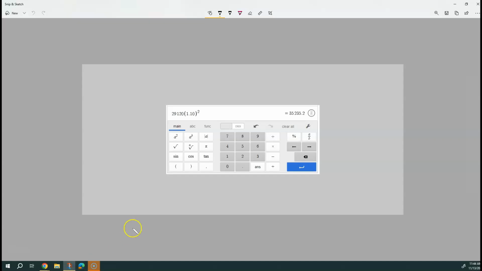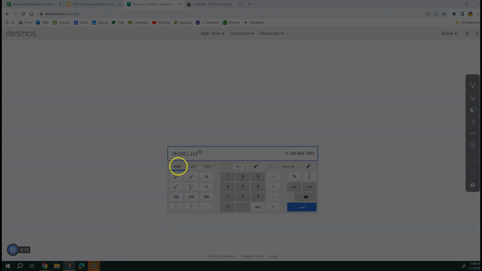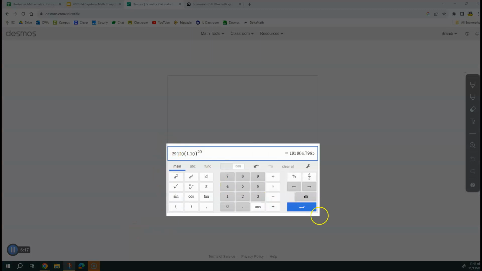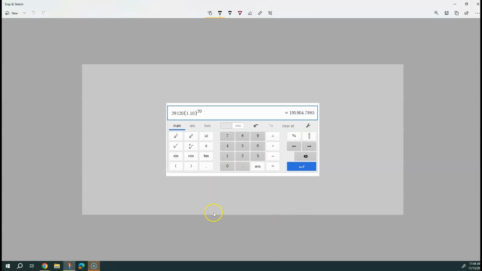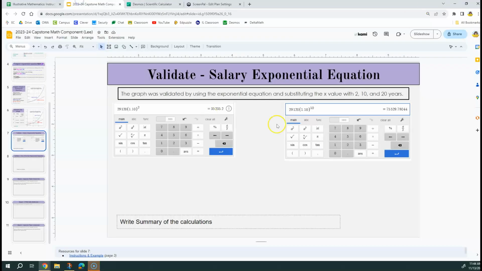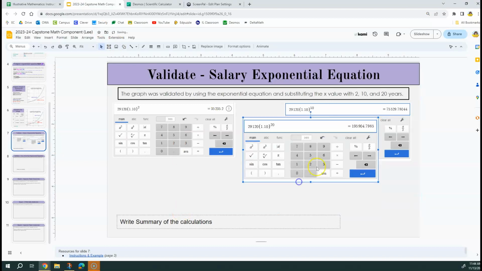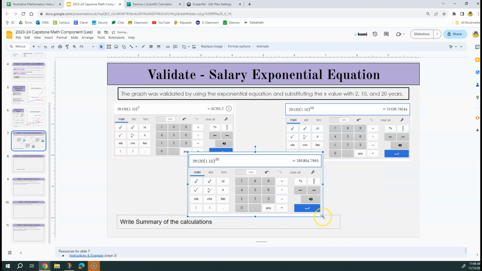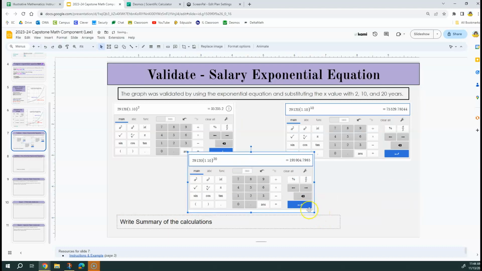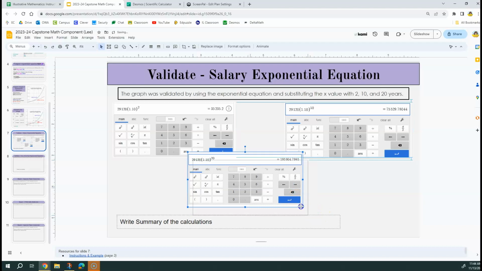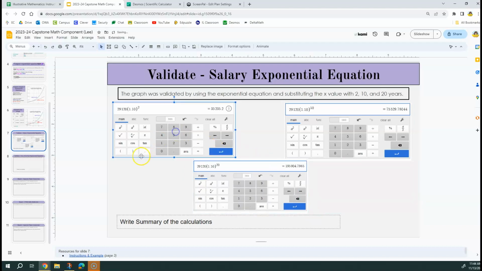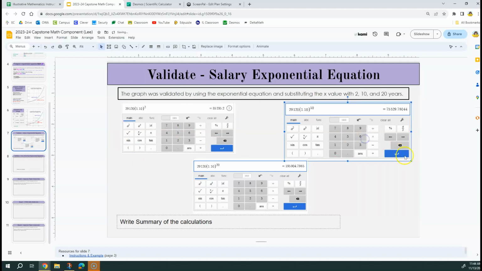So again, I'm going to snip just that piece, copy, paste, adjust. Okay, and now I've got all 3 of those pieces. I might need to make a couple more adjustments as far as sizes go, but for the most part, they're good.